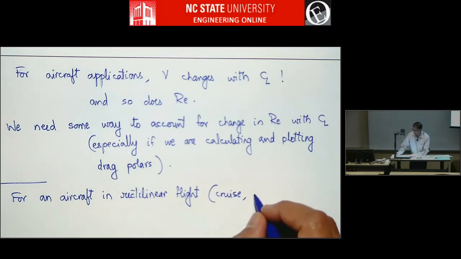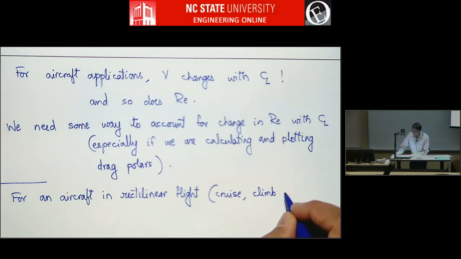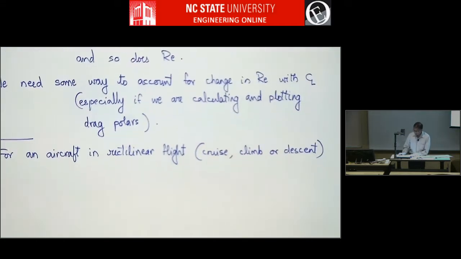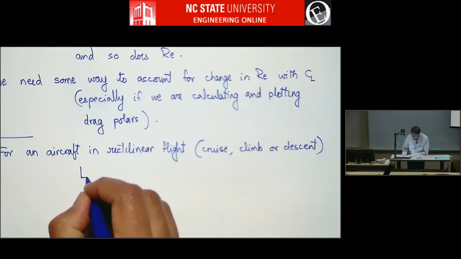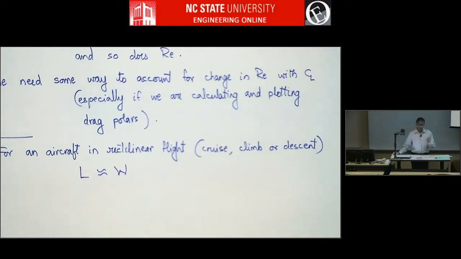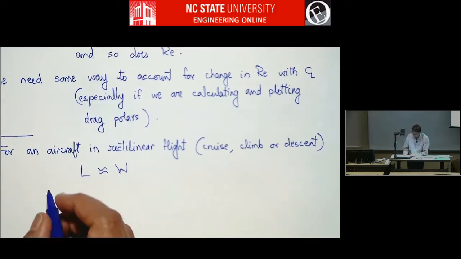This will definitely work for cruise, but it will also work for normal climbs or descents. When an aircraft is in rectilinear flight, lift is almost equal to weight for the most part. So this is true.